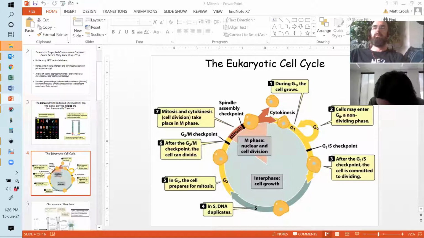Good question. The second checkpoint is the G2 to M. So the G2 to M checkpoint, coming after the S phase, its main job is to check to make sure all of the DNA has been replicated.